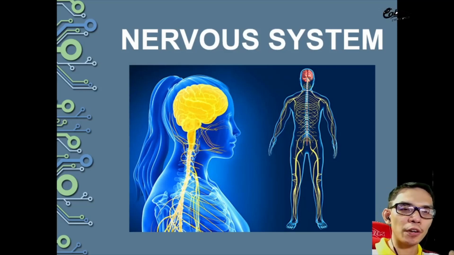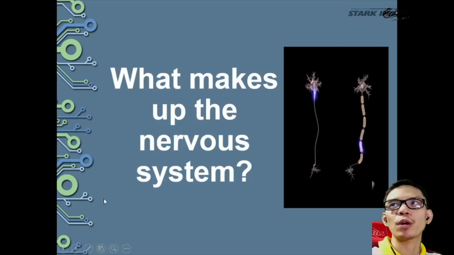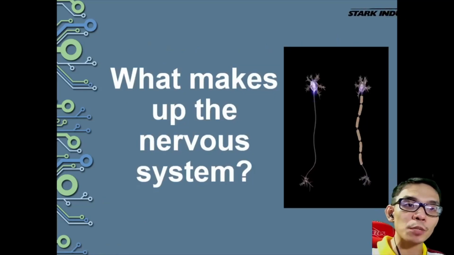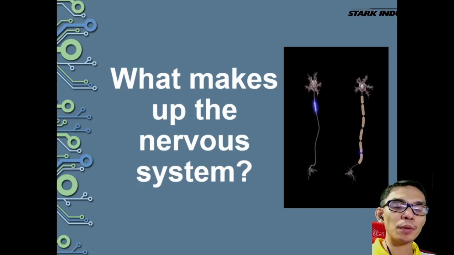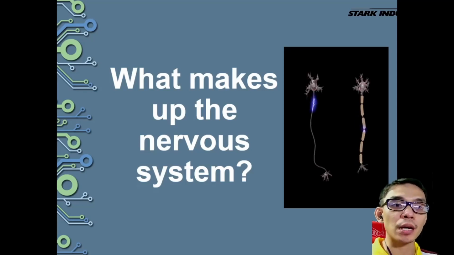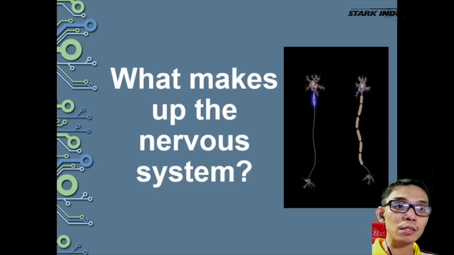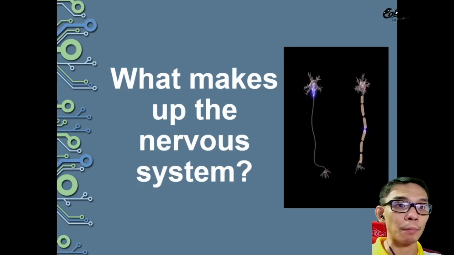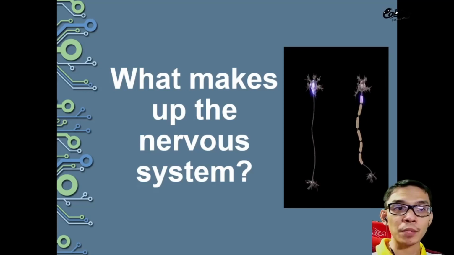So if we ask ourselves what makes up the nervous system, we go back again to its basic block, which is the cells. What are the cells that make up the nervous system?